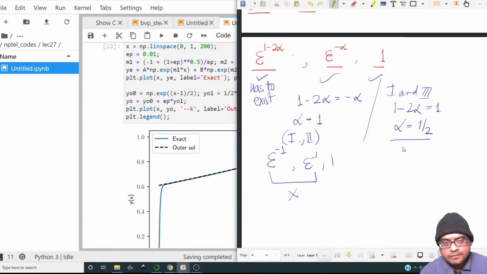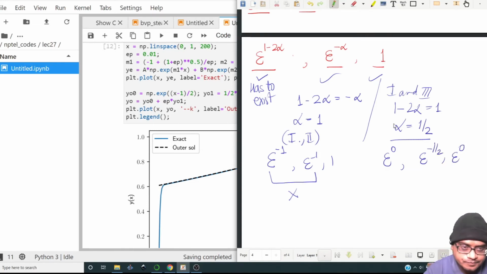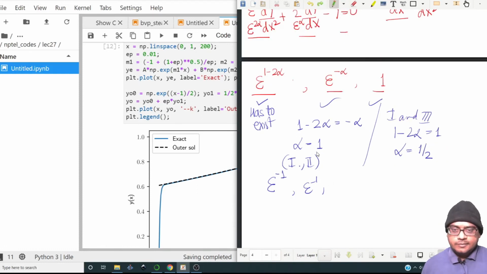What about alpha equal to half? The first term is order 1, the second term is epsilon raised to minus half, and the third term is order 1.